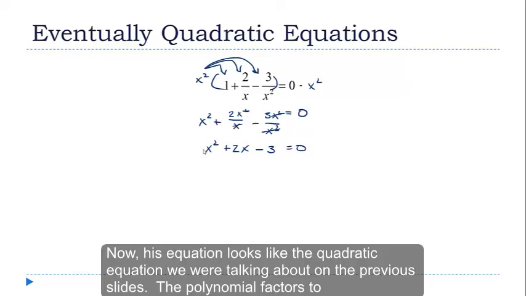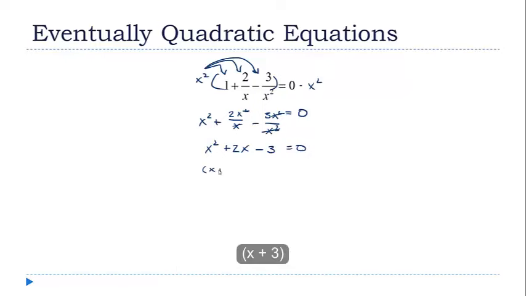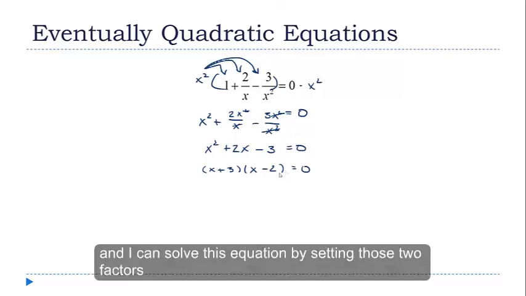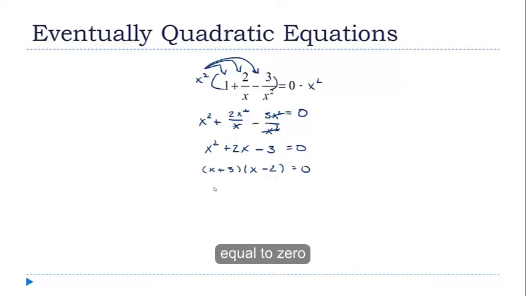Now, this equation looks like the quadratic equations we were talking about on the previous slides. The polynomial factors to x plus 3 and x minus 2. And I can solve this equation by setting those two factors equal to 0, giving me these two linear equations.